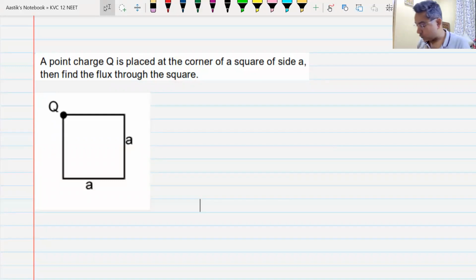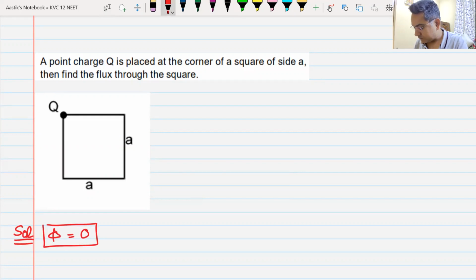The answer is 0. The flux through the square is 0. Why is it 0?